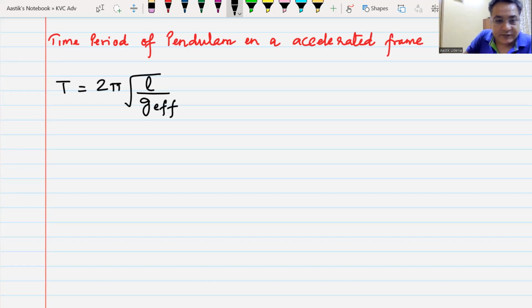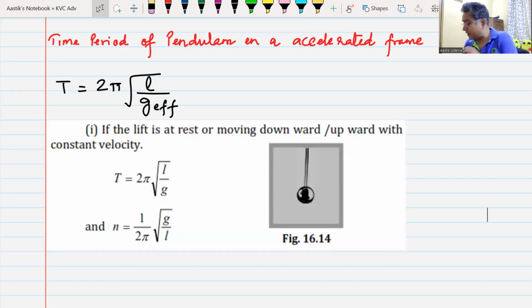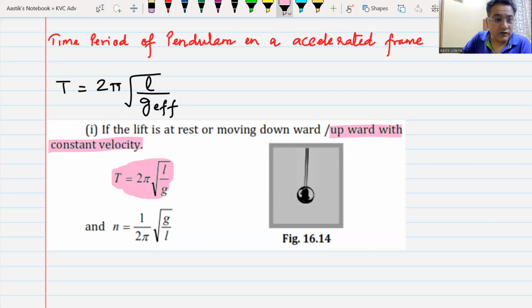Now, for example, you have this simple pendulum in a lift, and this lift is at rest, or moving up and down with constant velocity. Then the time period of the pendulum in this lift will remain the original value. Time period will remain 2 pi root over L by G. Yes or no?